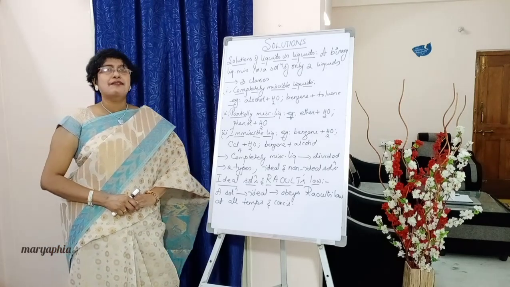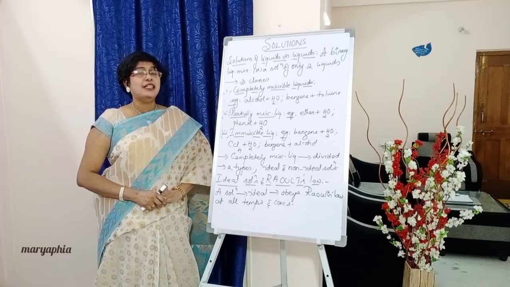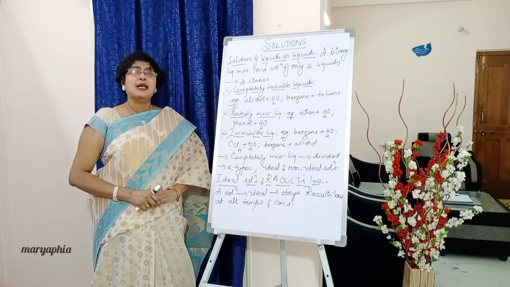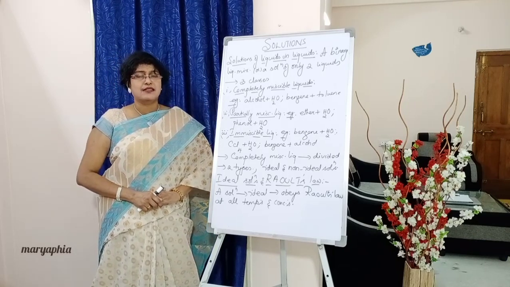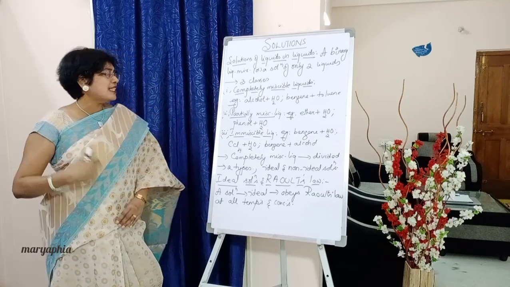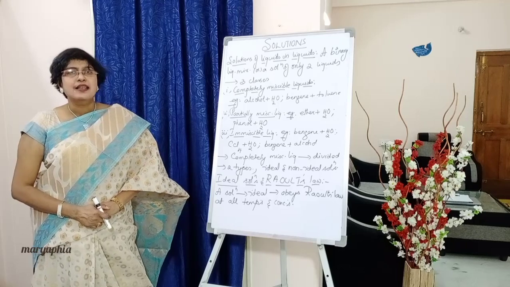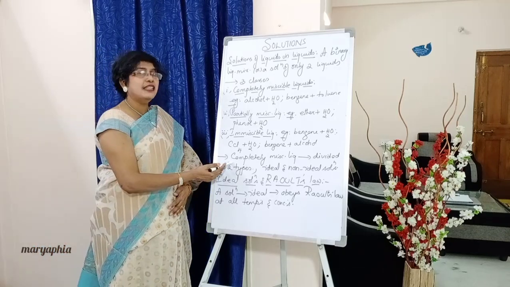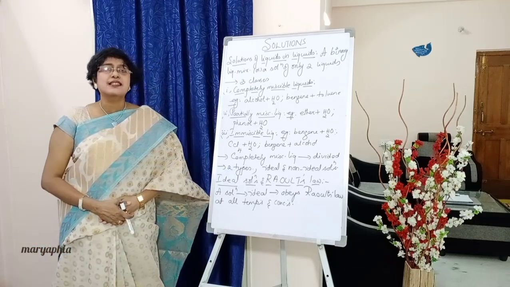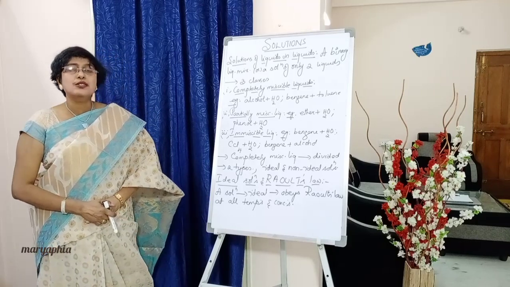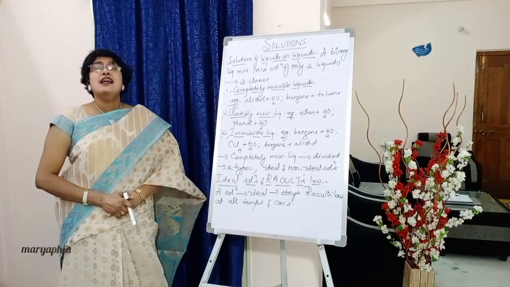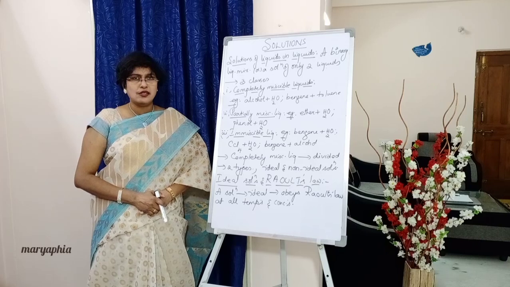Next, look at the first one, students. We will be learning about all the three types of liquids in this chapter. For the first one, put the side heading completely miscible liquids, and you can underline it. They are divided into two types: ideal and non-ideal solutions.